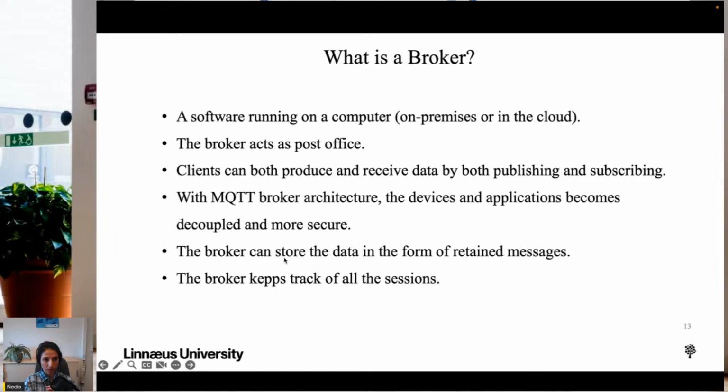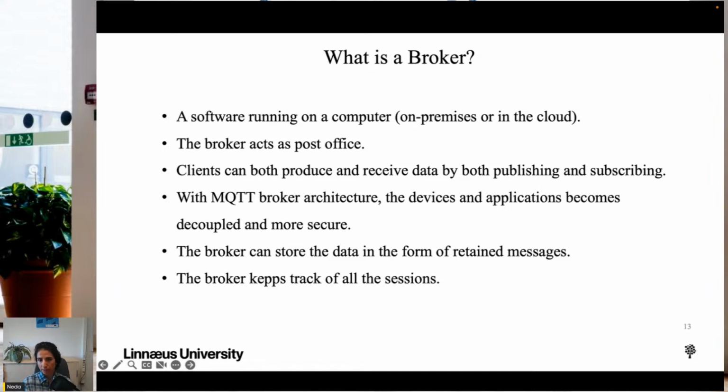We know that a broker can store data in the form of retained messages, and a retained message is a message that the broker saves after it has been published with the retained flag. This means that the message will be stored by the broker and made available to new subscribers who connect to the topic to which the message was published.